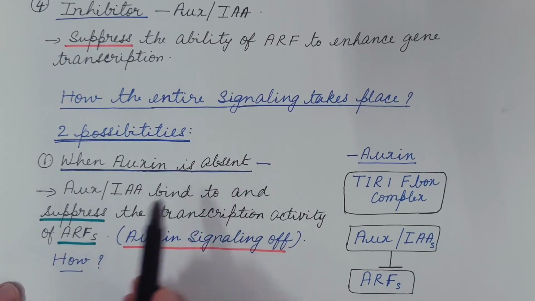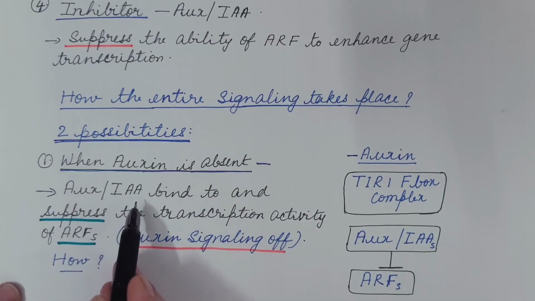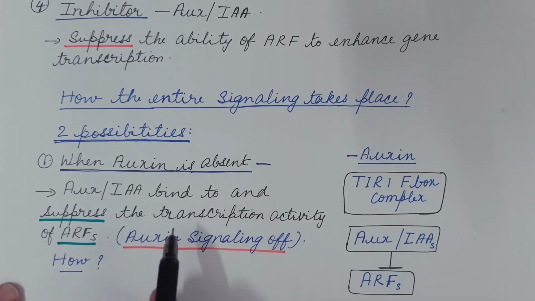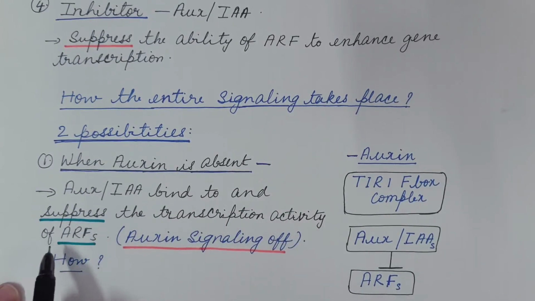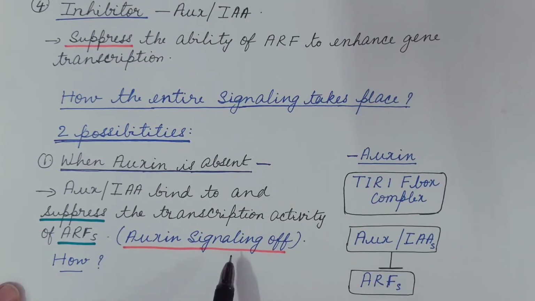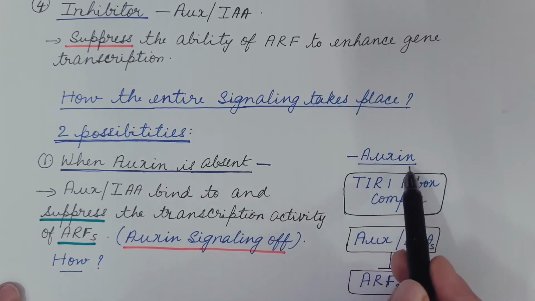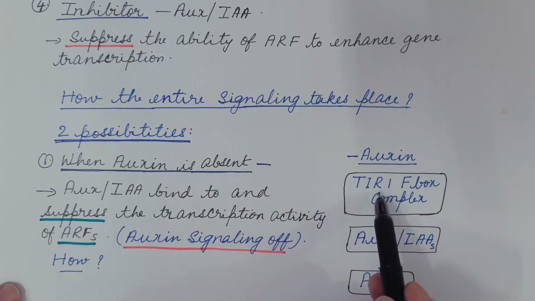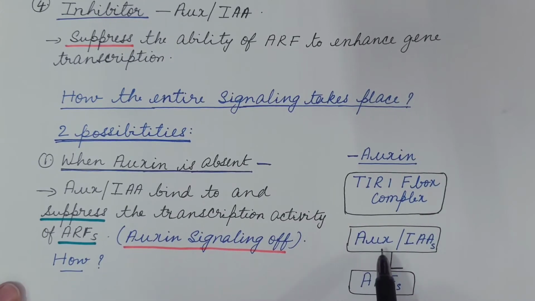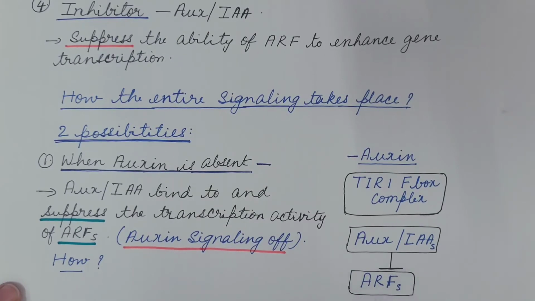When auxin is absent, AUX/IAA, which is the inhibitor, binds to and suppresses the transcription activity of ARFs, which is the transcription factor. As a result, transcription is suppressed and hence auxin signaling is off. So when auxin is absent, it does not bind to the TIR1 F-box complex. Inhibitor AUX/IAA binds with ARFs, the transcription factor.